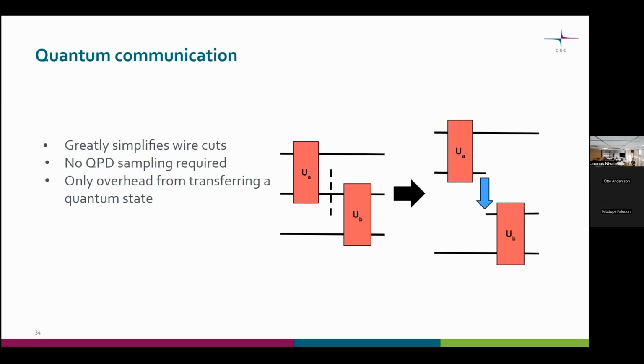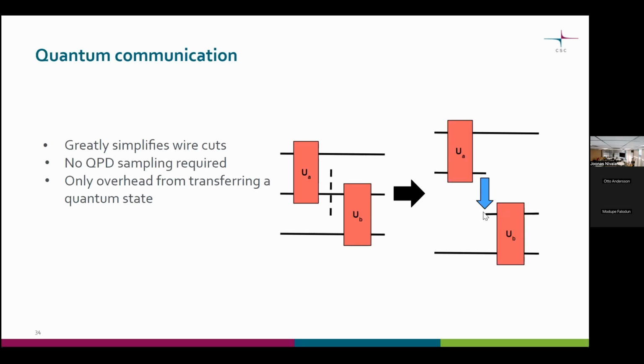But for wire cuts, it's actually quite simple. You don't need any QPD, quasi-probability distribution simulation anymore. Let's say again you want to cut here. Then you can just transfer the state from this qubit to this qubit through your hypothetical quantum communication channel.